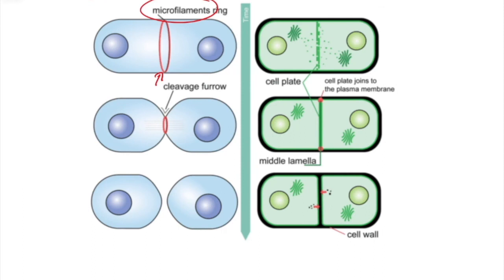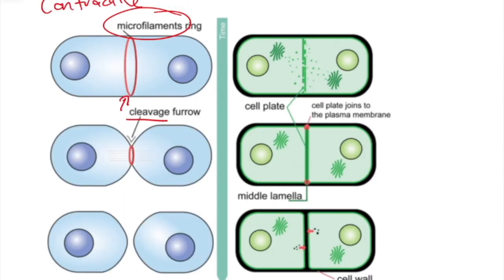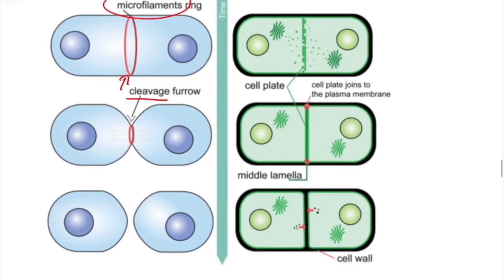It starts to contract and it creates what's called a cleavage furrow, and it keeps on contracting until the membranes reform, and now we have two separate cell membranes. And a very high level detail would be that these contracting proteins are actin and myosin. And we'll see that they are used actually in muscle contraction.